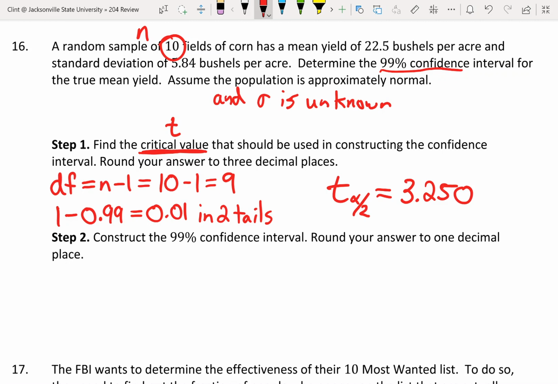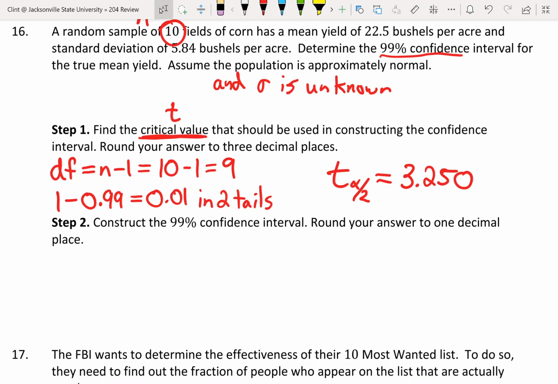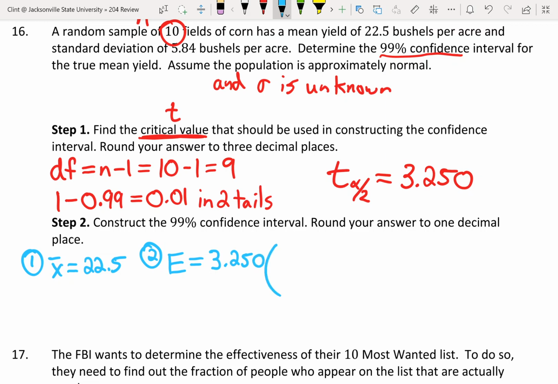Step 2, we just finish making the interval. So our sample mean 22.5 bushels. Margin of error, we already have our critical value, so 3.250 times our sample standard deviation, which is 5.84.